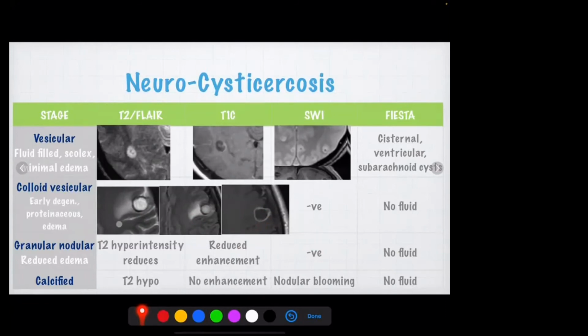So nothing much to specifically comment on the colloid vesicular stage, and the same goes for the granular nodular stage. Just that the T2 hyperintensity and FLAIR intensity start reducing because the lesion becomes more and more solid.